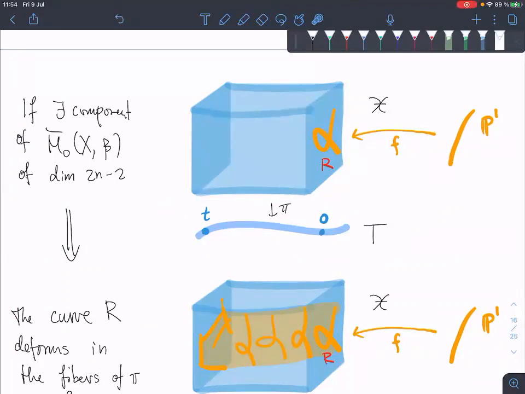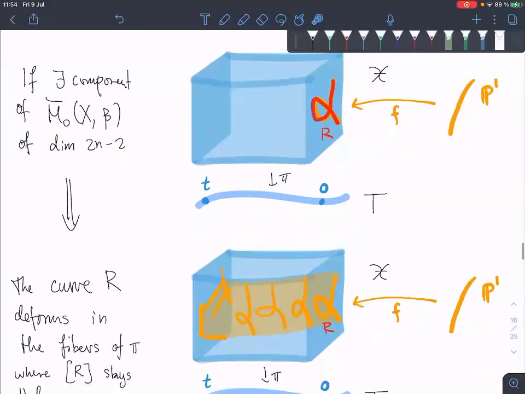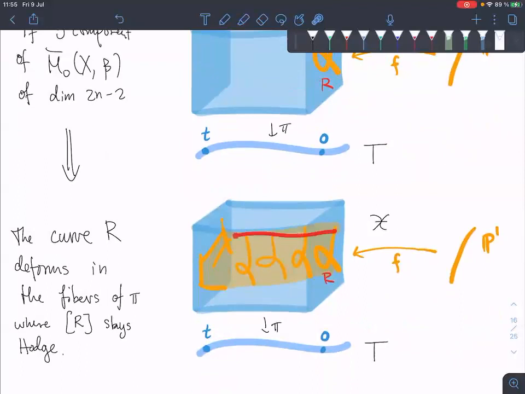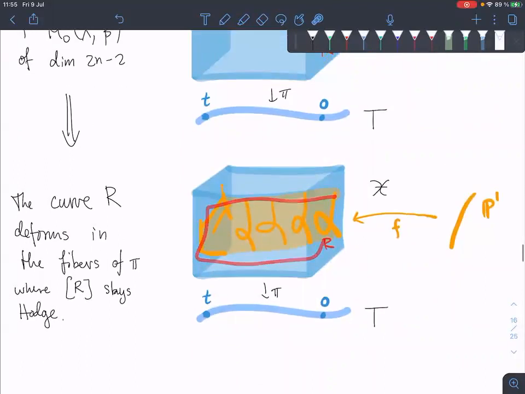The statement is that if I just know something about this fiber, namely that there's a component of this moduli space which has exactly dimension 2n-2, then this curve actually deforms out from this central fiber to cover this T here, provided that this class stays Hodge in the family.